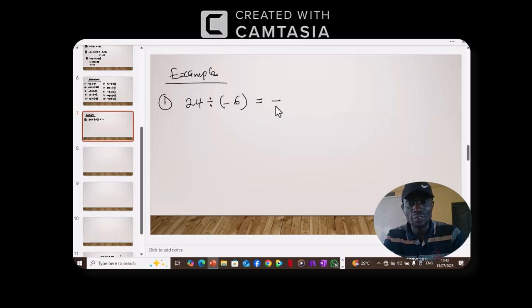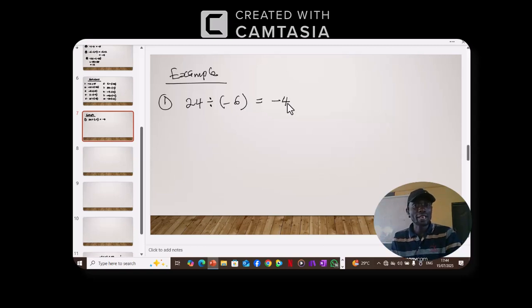So first write the minus sign there. Then you say 24 divided by 6 will give you what? It gives you 4. So 24 divided by minus 6 will give you minus 4.